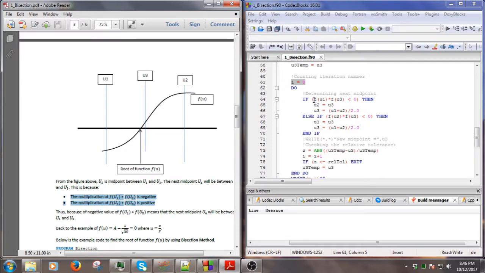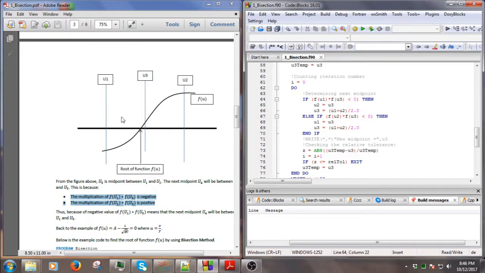So here, if we do the calculation, if fu1 multiplied with fu3 is less than 0, then the next midpoint will be between, as you can see, if fu1 and fu3 are negative, means the region will be the left side here, and the next midpoint will be here, right?